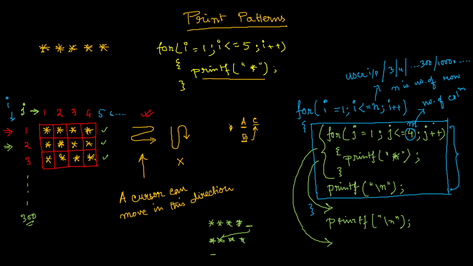So when you have a two-dimensional print in some form, one thing is sure, we can use the nested for loop to solve our purpose.